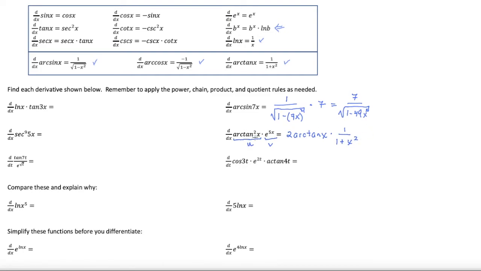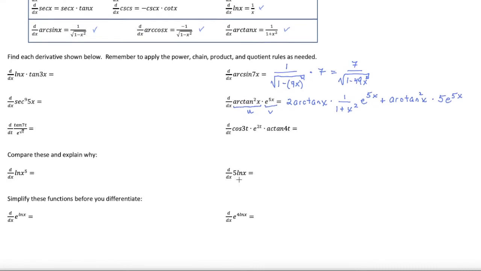That's just u prime. And then I have to write v, and then plus u, which is the arctangent of x, all being squared, times v prime, which is 5e to the 5x.